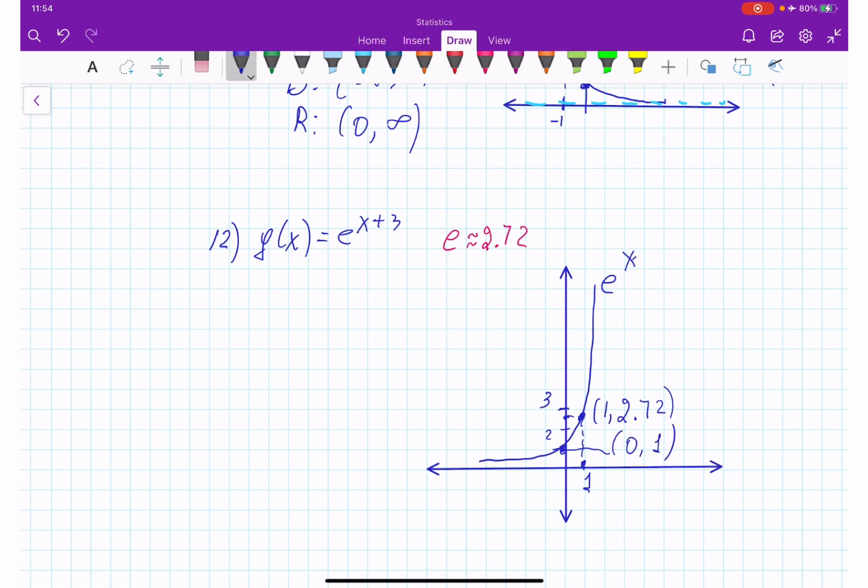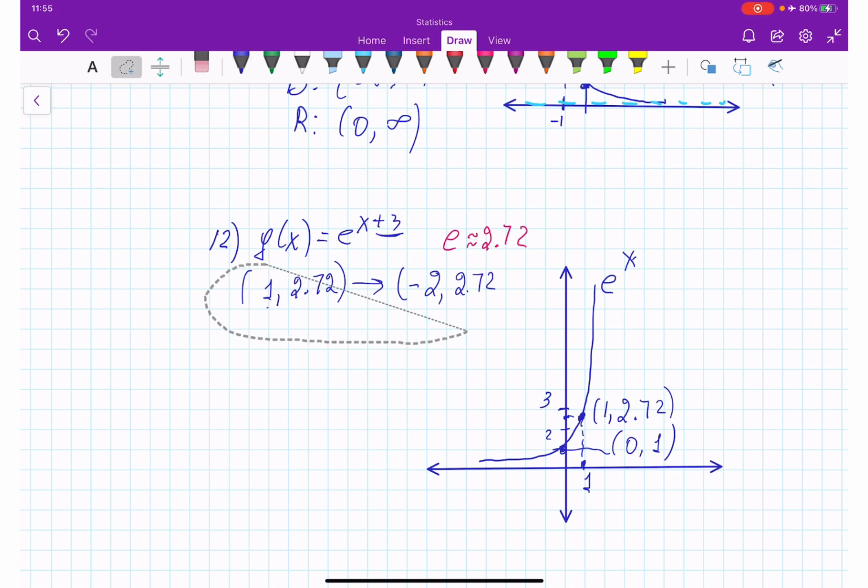Now we have x plus 3, which means we are going to shift by negative 3. Yes? Which means the coordinate 1 and 2.72, since I have 1 minus 3, is going to be negative 2 and 2.72.